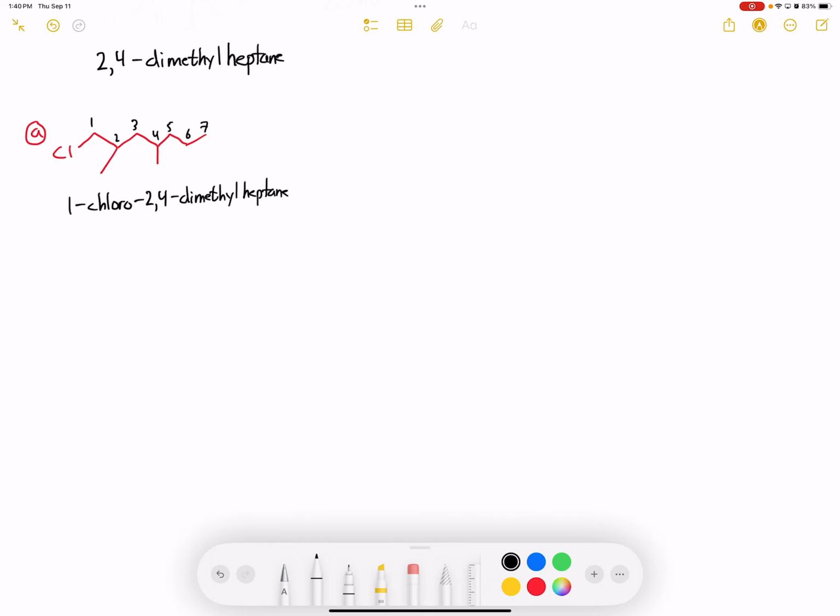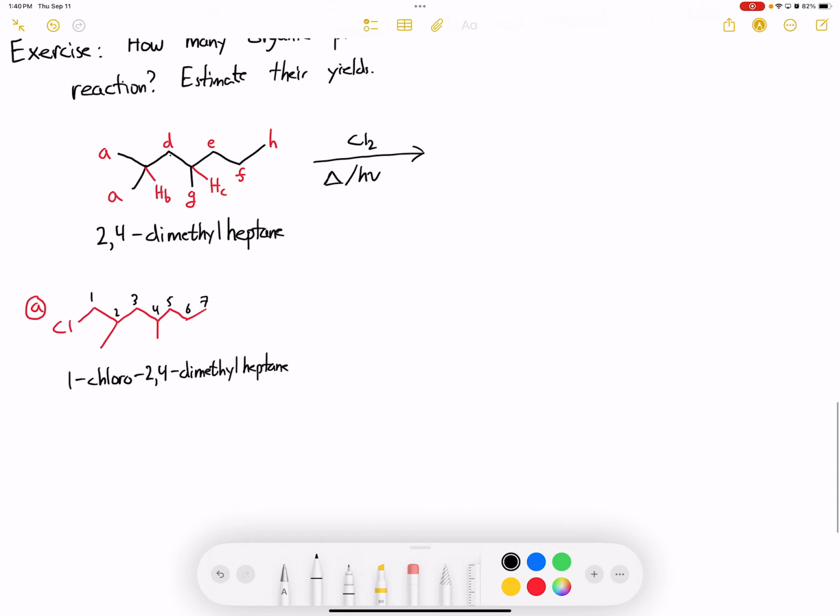I'm not going to write the yield yet for this because I have to kind of explain. But first, I'll write how many hydrogens are available here to get this product. So let's look at our original molecule.